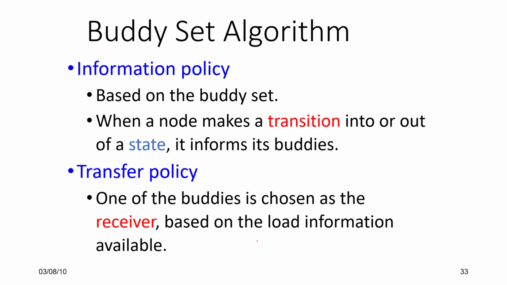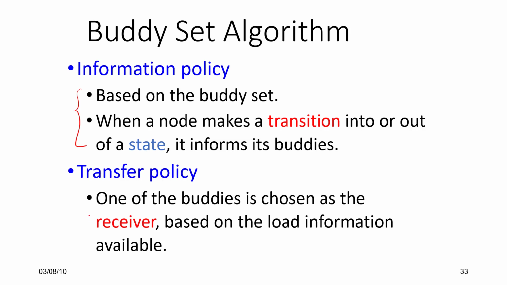So there are two policies. One is the information policy, which is how exactly and how frequently do you inform your buddy set and how large is the buddy set. Of course, you can be very eager, in the sense that whenever there is a change, it is sent to the buddy set. The other is the transfer policy.